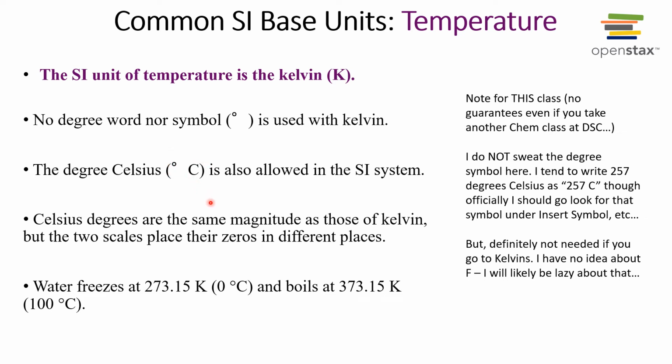If I want to write 100C, I'm probably just going to write 100 space capital C. Technically, it should have the degree symbol. That's not true with K. 273.15K is actually the accepted way to write it. So for me, you don't have to worry about putting the degree symbol, but I'm giving you a note that might or might not be true if you take somebody else's chemistry class.